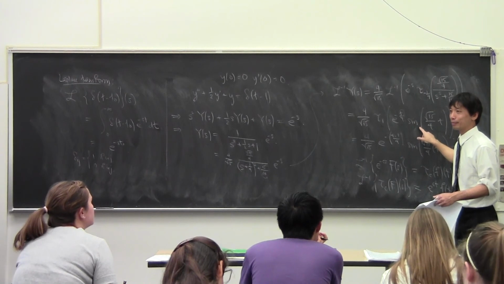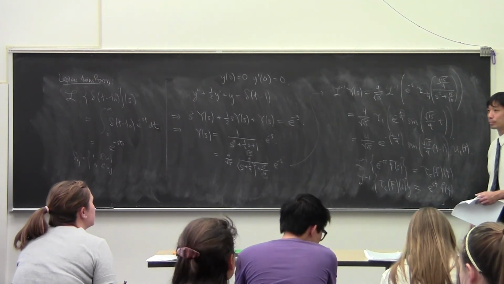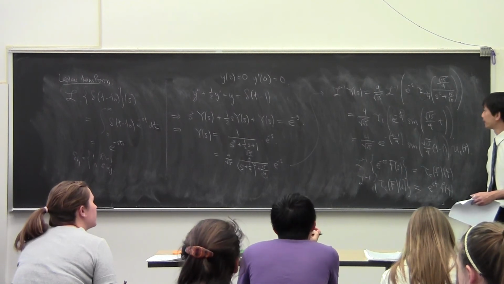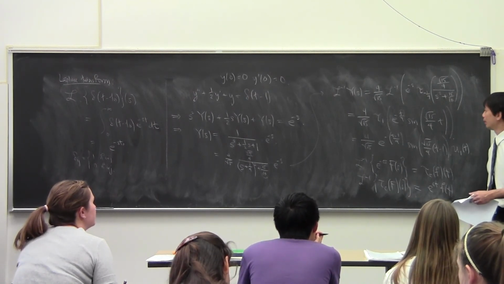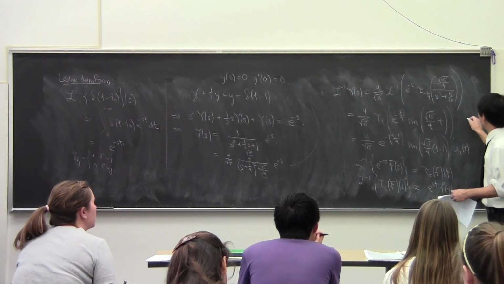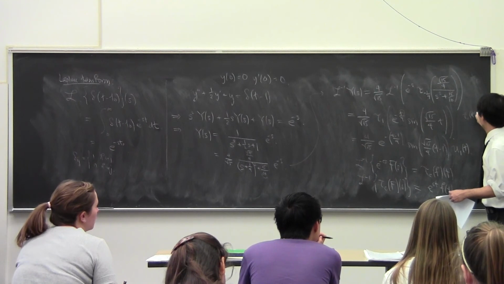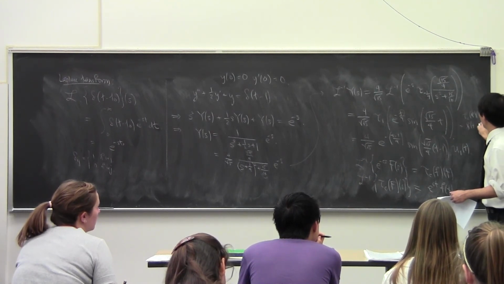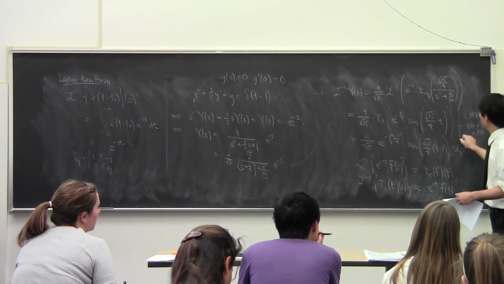Is there a difference, because I don't remember seeing the translated notation like that in the book? I only ever remember them using the Heaviside function, and I'm confused if there's any difference. It's just a notation, right? The translated function is defined to be the function f of t minus c times u sub c of t.